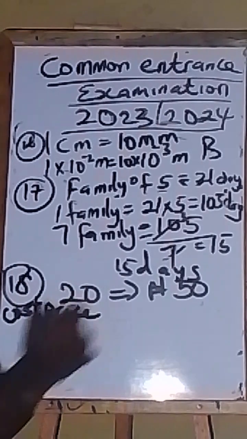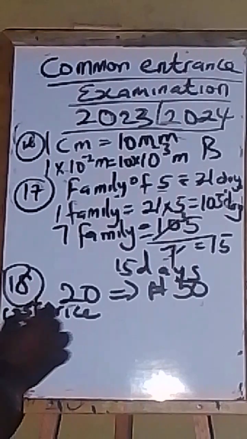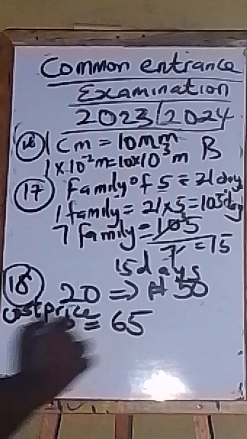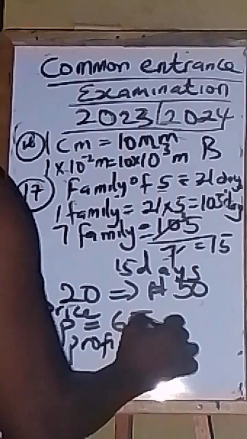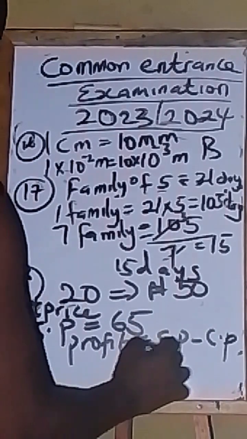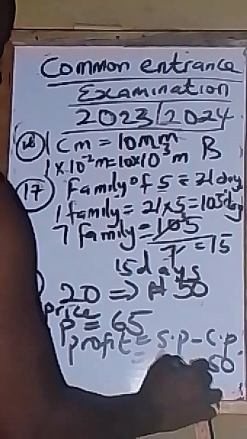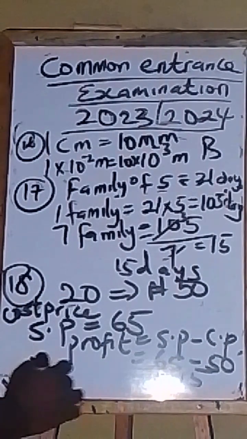You sell them all for 65 naira. The selling price is 65 naira. So profit is always selling price minus cost price, and that is 65 minus 50. We have 15. The question asks us to calculate the percentage gain.